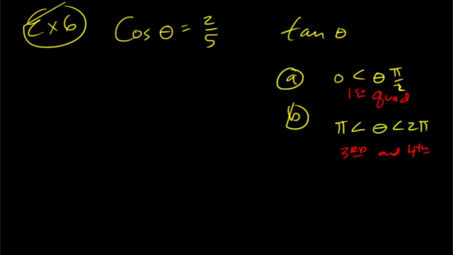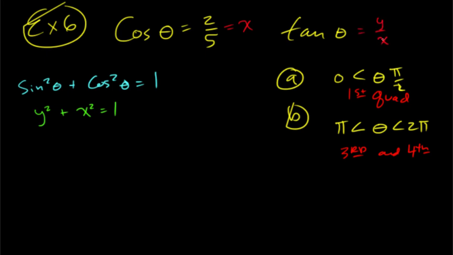Okay, so we're going to use the Pythagorean identity, which is sine squared theta plus cosine squared theta is equal to 1, which I like to think of just as y squared plus x squared equals 1, since sine is y and cosine is x. So I'm thinking of this as an x value, and I'll think of tangent as y over x.